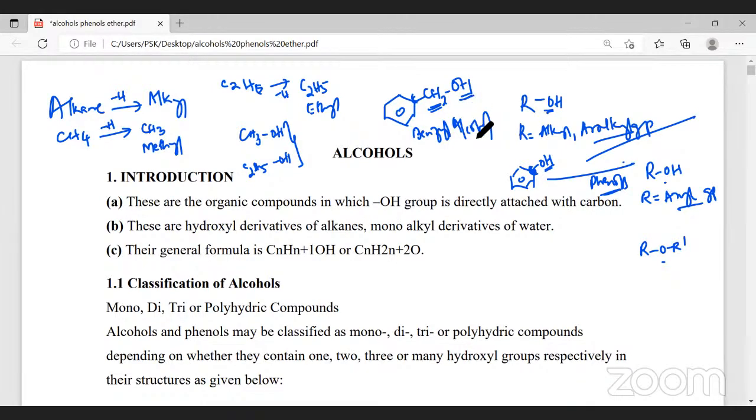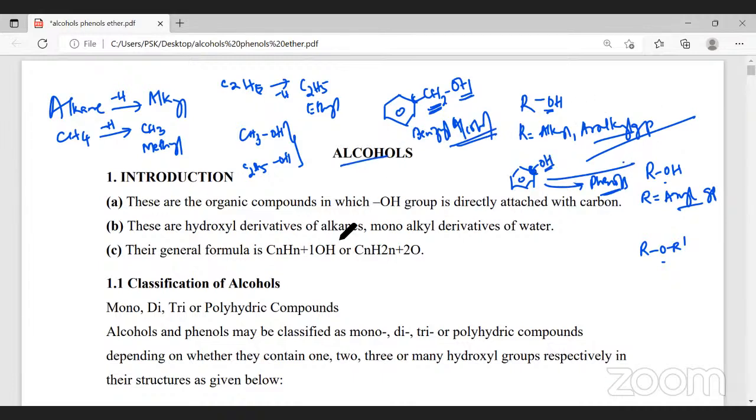Since it is bonded through a side chain, it will not be called phenol; it will be called an alcohol. So the difference between alcohol and phenol is that in phenols the OH group is directly bonded to the carbon atom of the benzene ring, though both contain the same functional group.